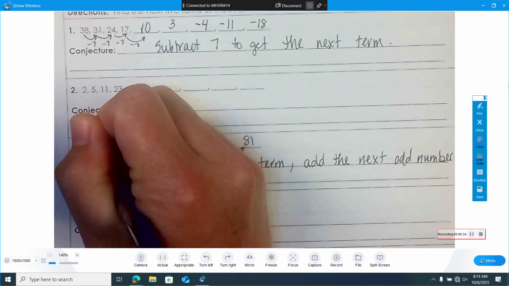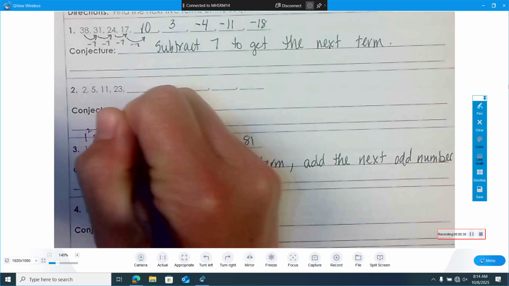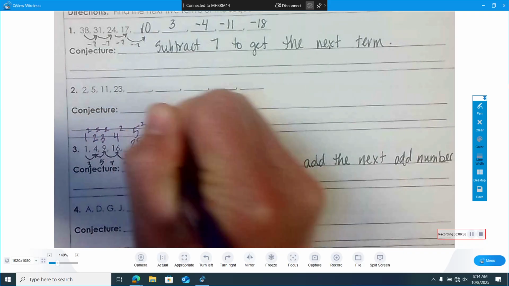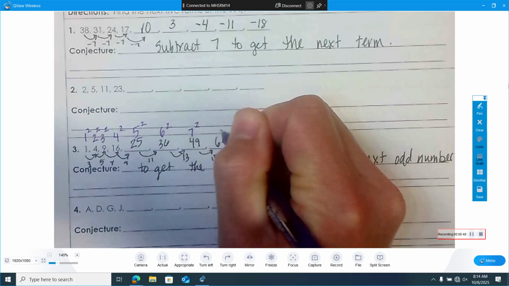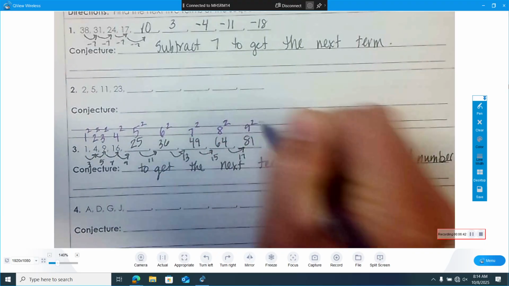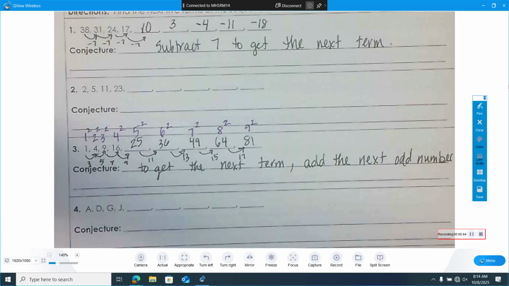But this is also 1 squared, 2 squared, 3 squared, 4 squared, 5 squared, 6 squared, 7 squared, 8 squared, and 9 squared. So it's just the term squared. Isn't that interesting, though, that you can get perfect squares, but you can also get them just by adding consecutive odd integers, which is kind of interesting.